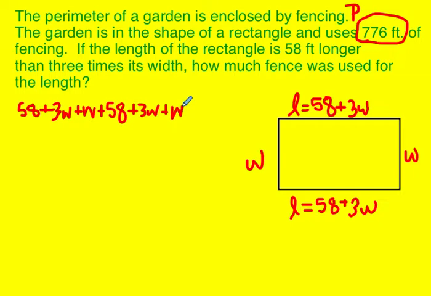So that's my expression that represents the perimeter, and we know that the perimeter is 776. So it's equal to 776.